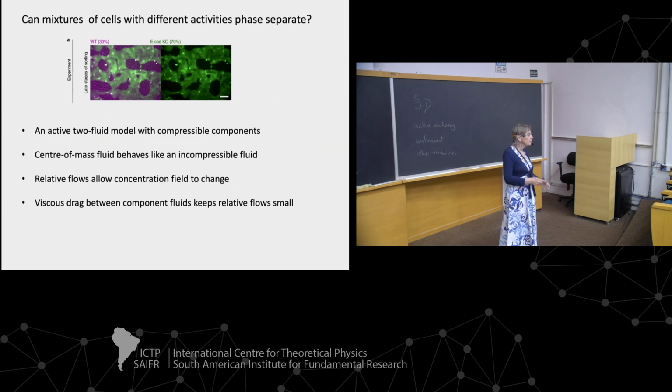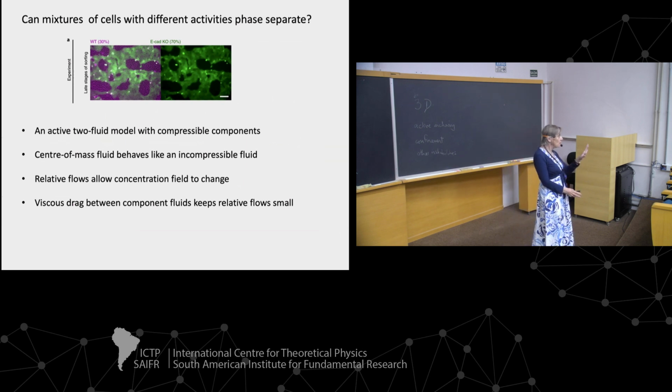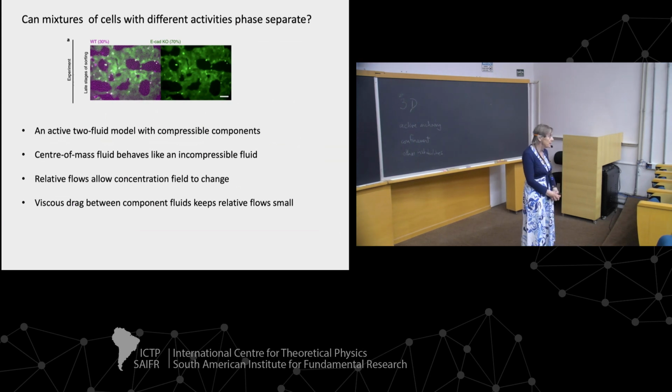So what would different activity mean at the microscopic level? Is it difference in self-propulsion? Is it difference in diffusion? Is it difference in persistence? What would it mean? Difference in something. And I'll talk a lot about that tomorrow. We don't know. But in the rod models, it would be difference in propulsion. That would be one possibility.